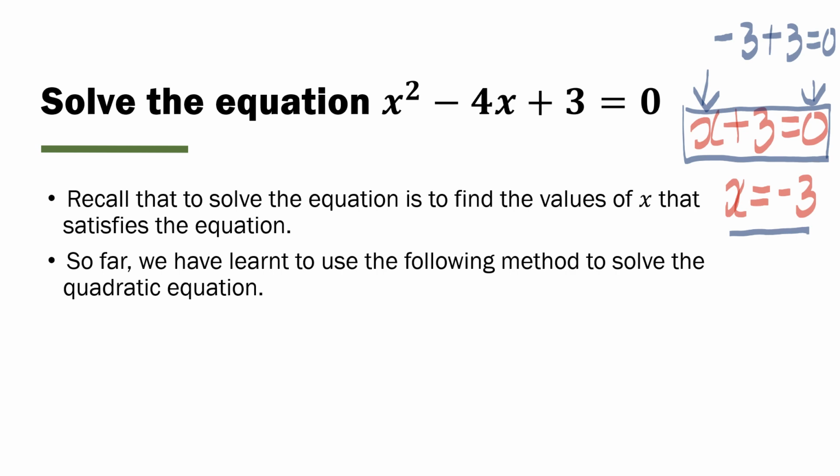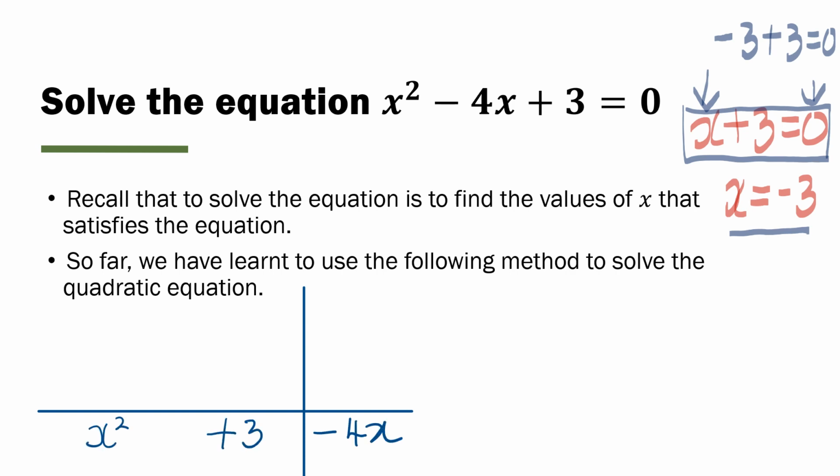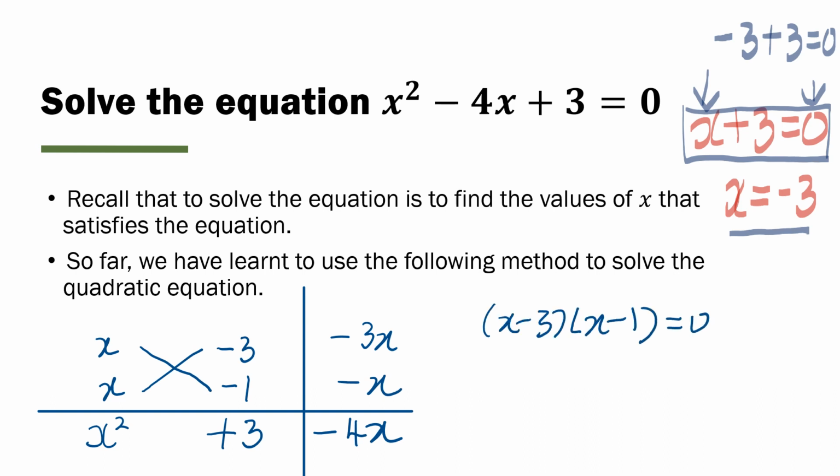So far, you have only learned the following method to solve quadratic equations. Some people call this the cross method. Your two linear factors will be x minus 3 and x minus 1.